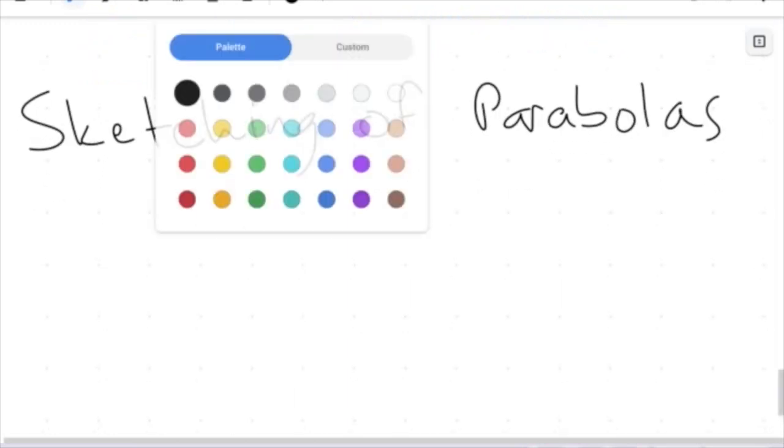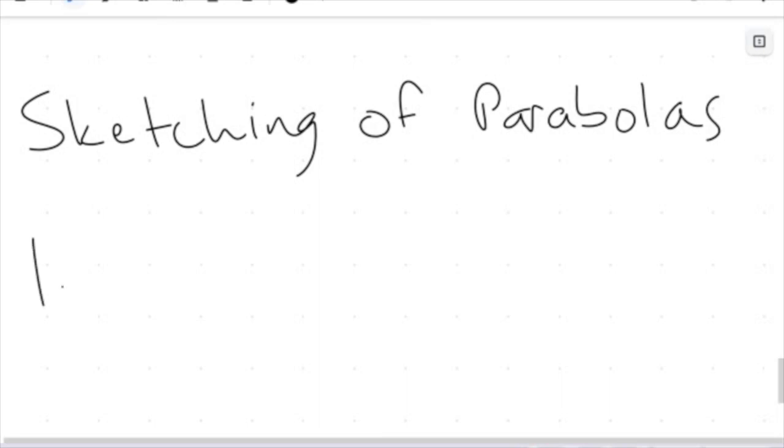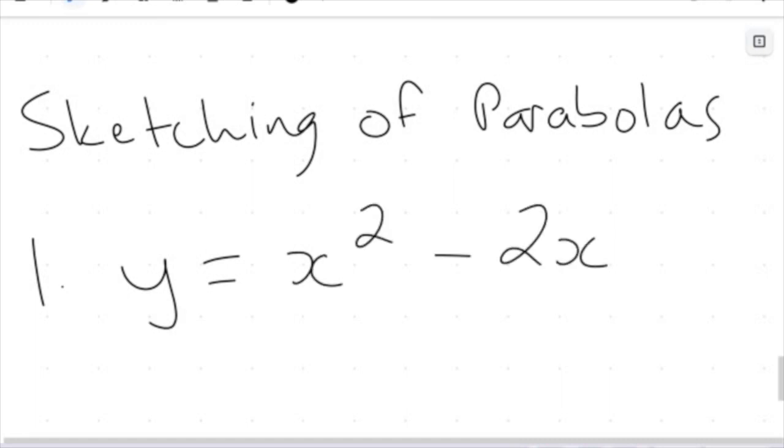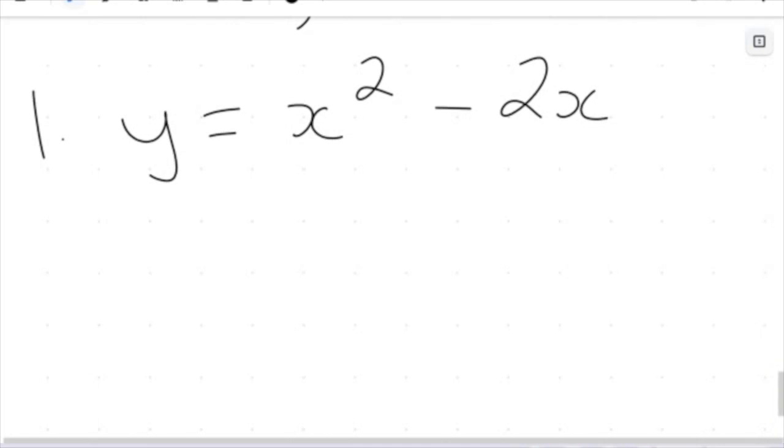So in my first question, I want to find a bunch of information about this parabola here. I want to find the intercepts, I want to find the axis of symmetry, and I want to find the turning point, and then finally sketch.